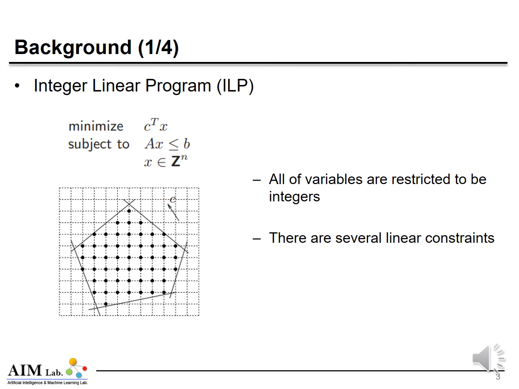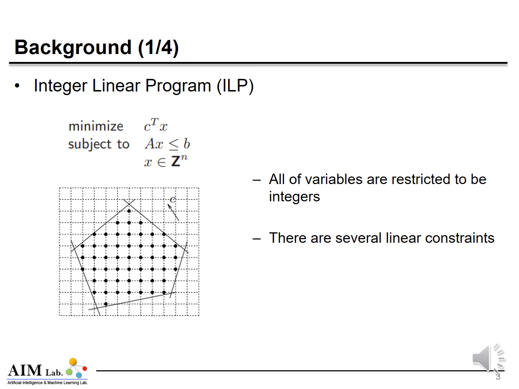Before we explore the main idea of this paper, we should know some background knowledge. The first one is integer linear program, ILP. The main experimental setting is based on ILP. In ILP, all of the variables are restricted to be integers, and there are several linear constraints.